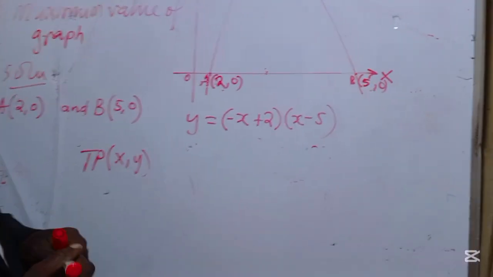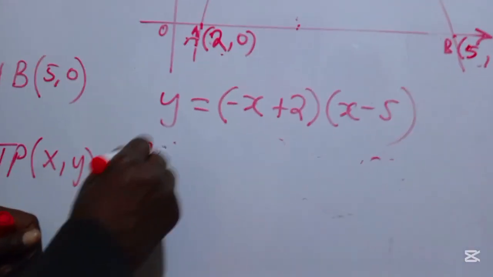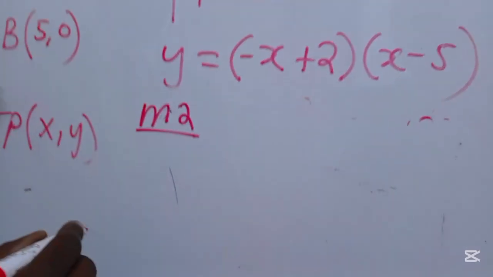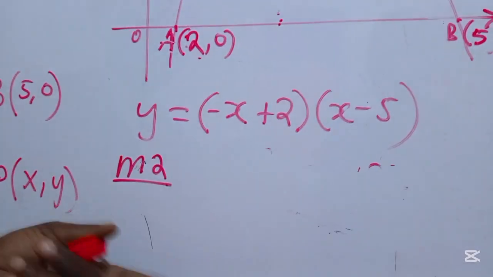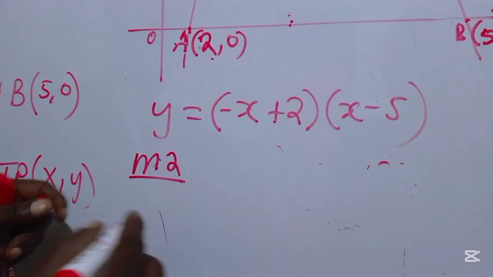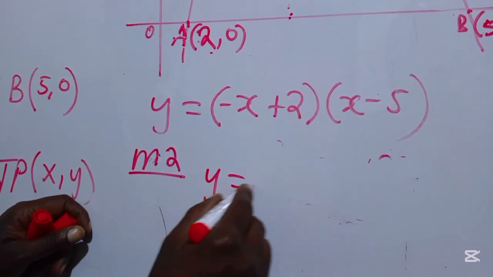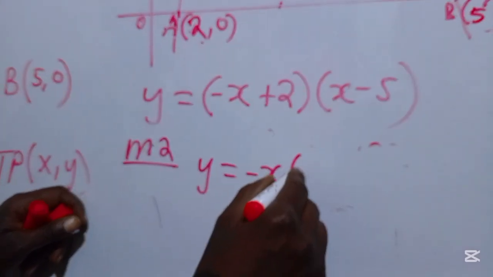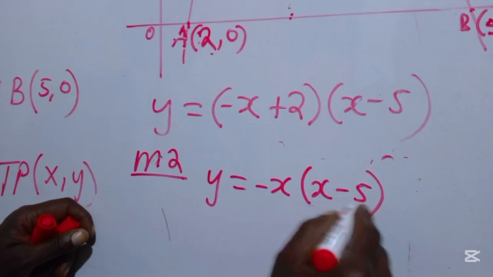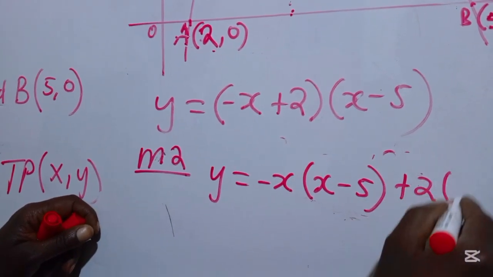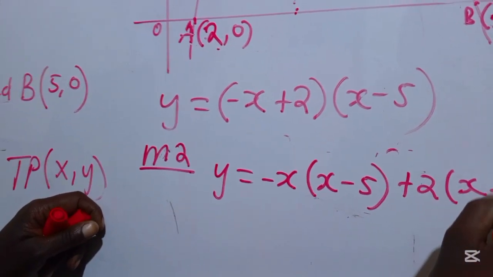Another method, I'll call it method 2. How do we get the value of x? Remember we got 3.5. Some people will be wondering. You have just to expand. You say, okay, this one is the same as, I'm just expanding, ladies and gentlemen. This is how we expand.